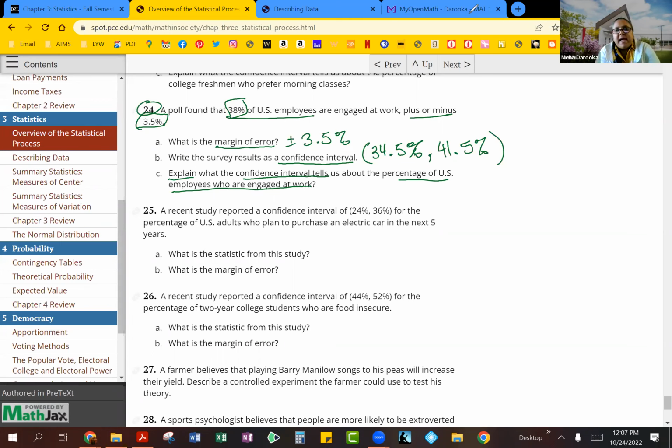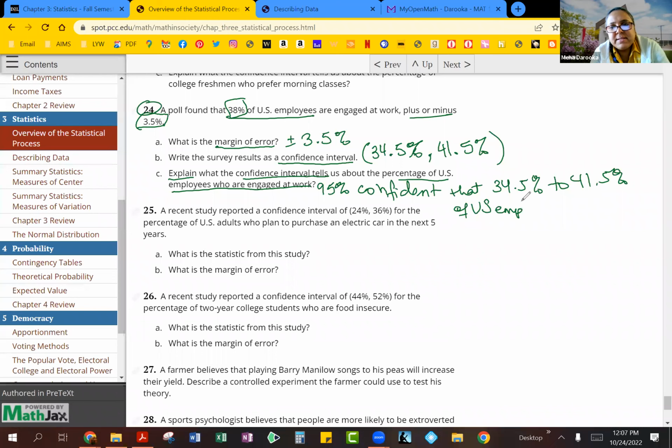So we would say, and remember how they said 95% was the common level of confidence, we would say we are basically 95% confident that 34.5% to 41.5% of US employees are engaged at work. So that's kind of how you would write that out.